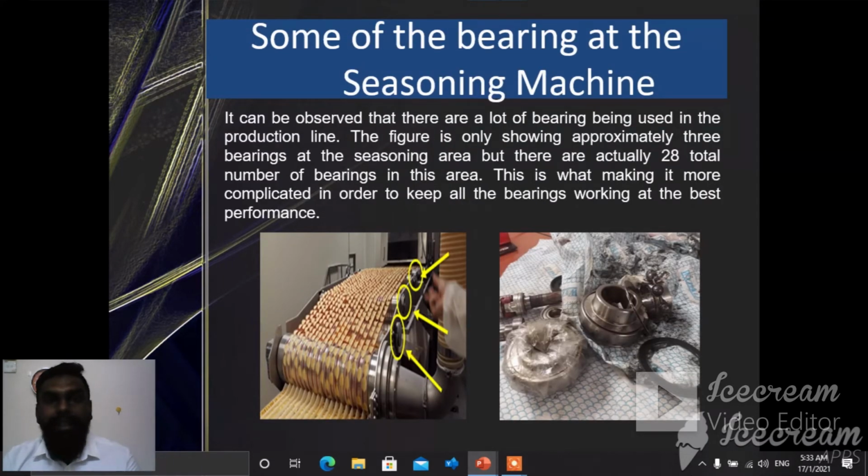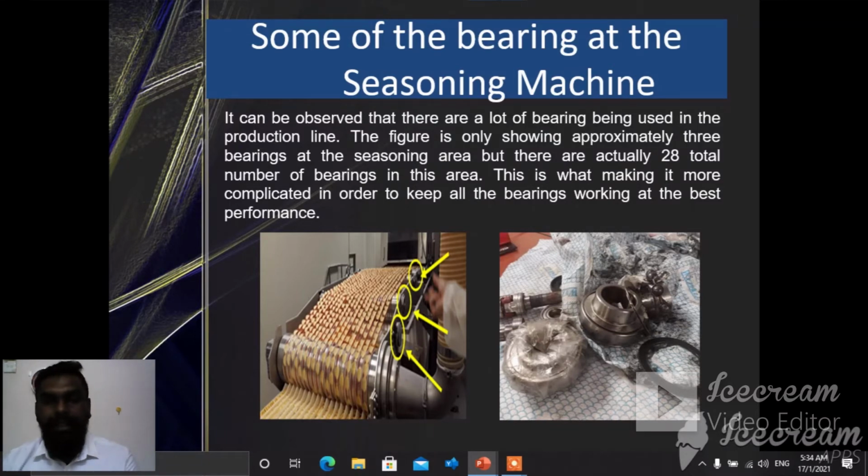Okay, this is the sum of the bearings at the seasoning machine. It can be observed that a lot of bearings are being used in the production line. The figure only shows approximately 3 bearings at the seasoning area, but there are actually 28 bearings in the area. This is what makes it more complicated to keep all bearings working at the best performance.